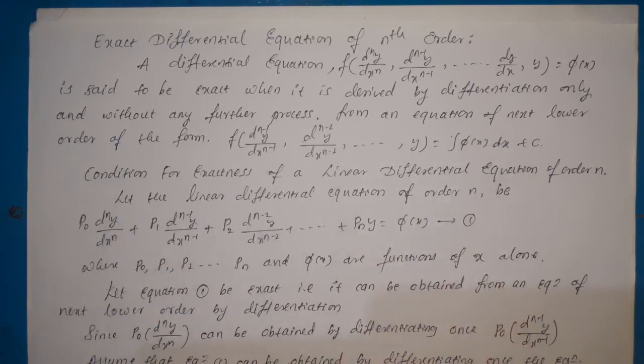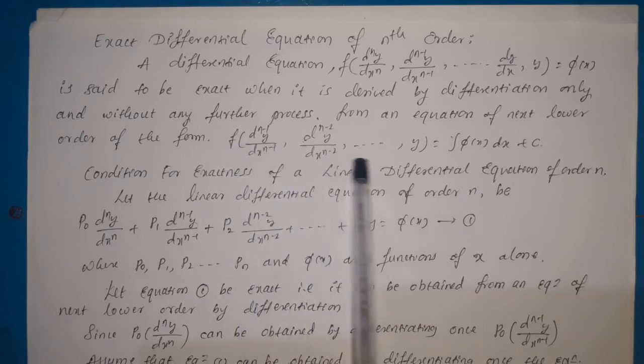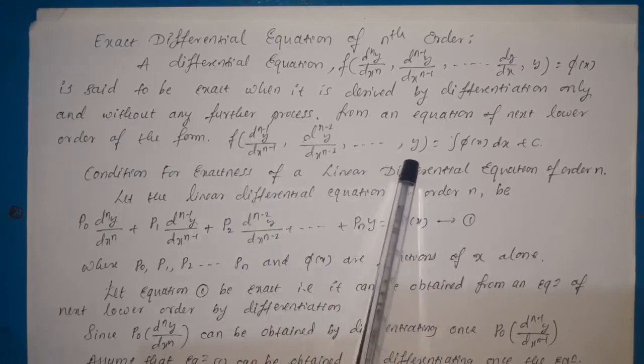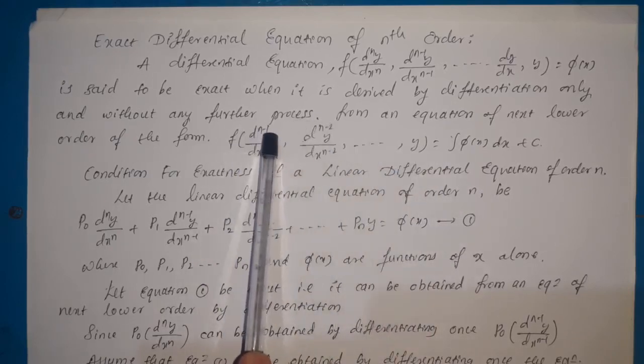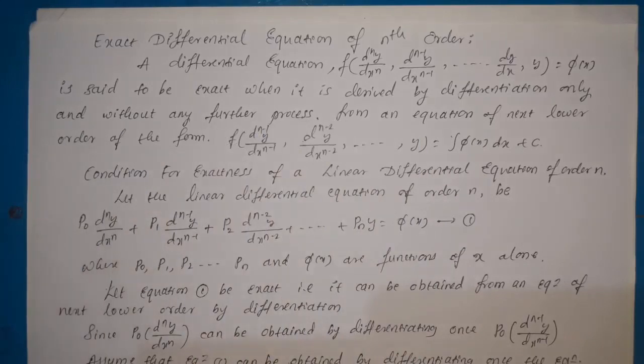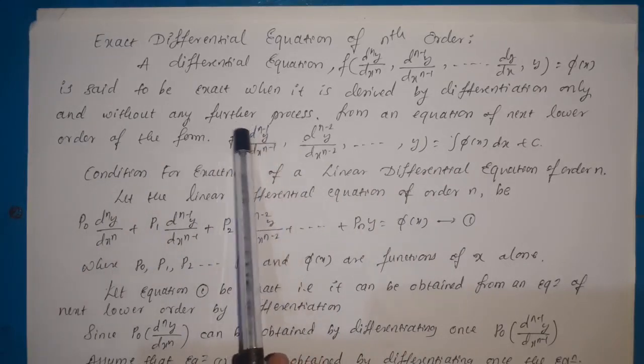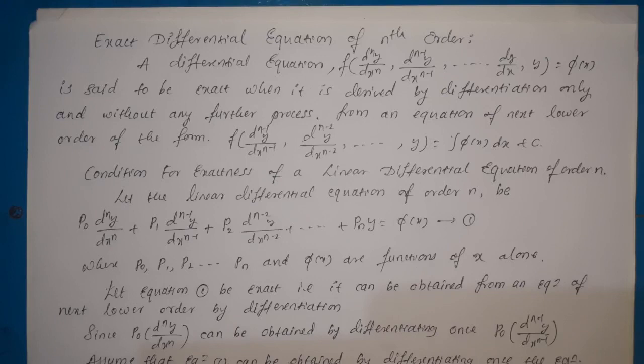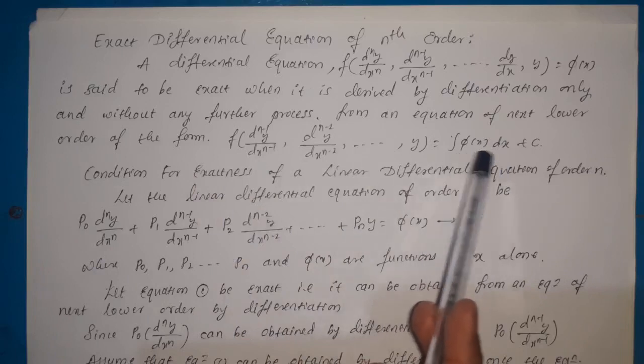Now if you differentiate this equation, the d^(n-1) will become d^n, meaning here n minus 1 gives the order of differentiation. If you differentiate d^(n-1), that will be d^n, and if you differentiate d^n, that will be d^(n+1), and so on. That is about the LHS. On the RHS we have the integration of phi of x.